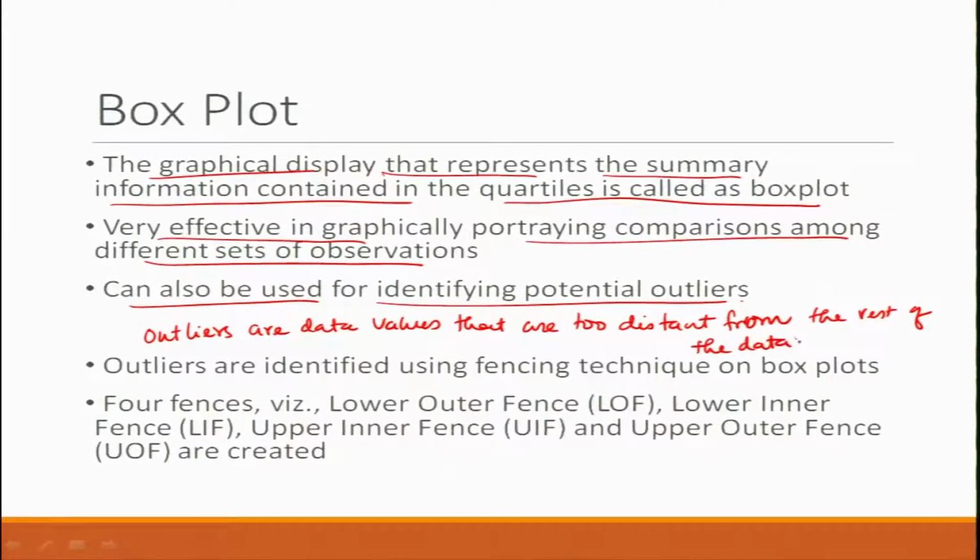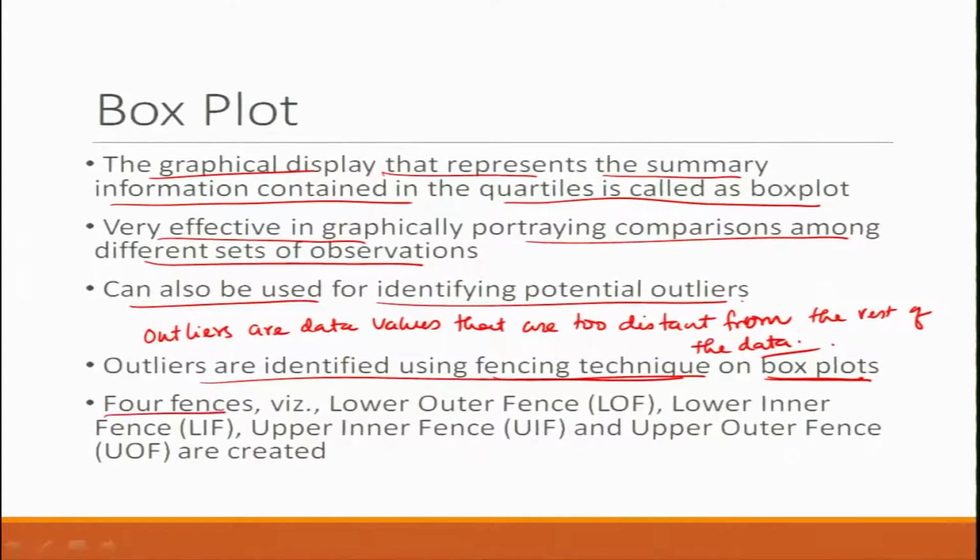That is what we call the outliers, and box plot is a good technique. Box plot can be enhanced. If you add the fencing technique onto the box plot, then you can use it to identify the outliers in the data, or the potential outliers in the data.